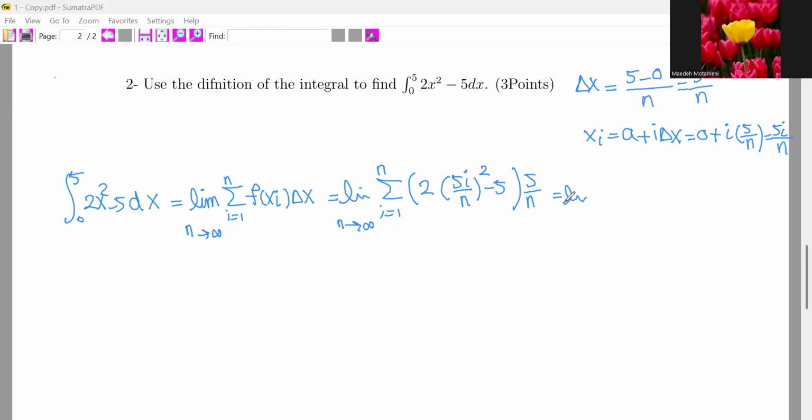And if we simplify somehow here, we would get the sum from 1 to n, with n approaching infinity. And we're going to bring out 5 over n.